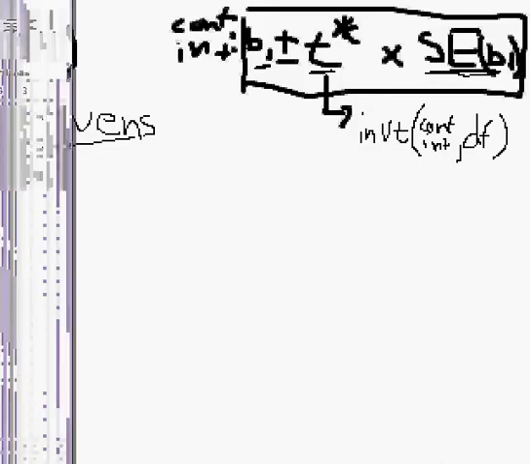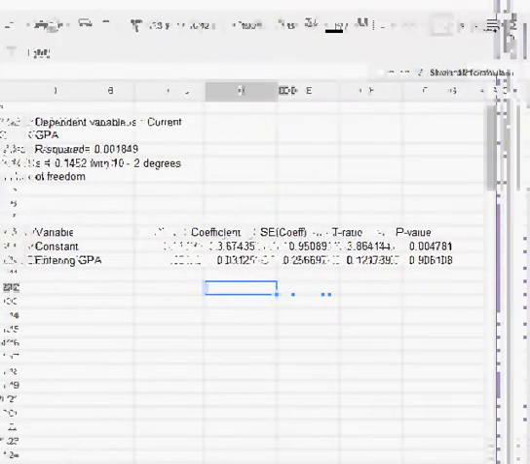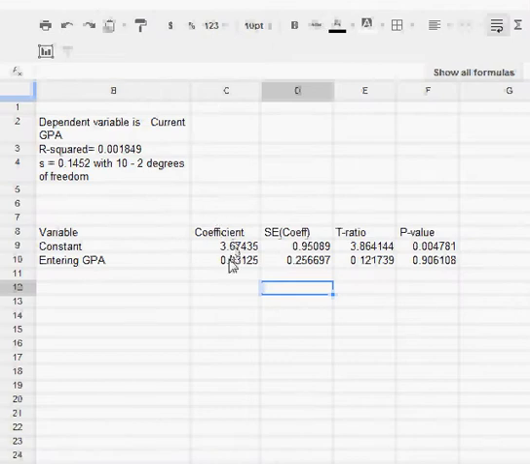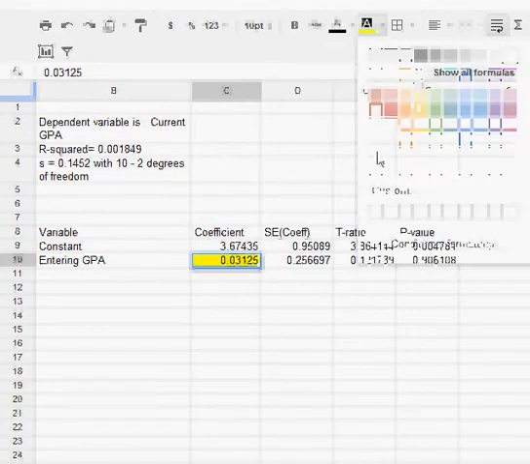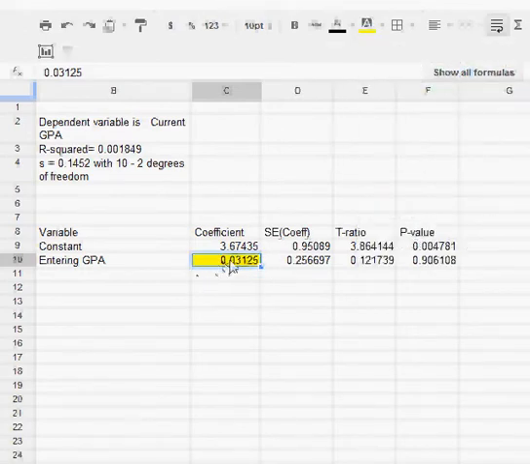So I typed everything out already. What we really want to pay attention to is the givens, the B1. You want to highlight that. This is on your piece of paper.